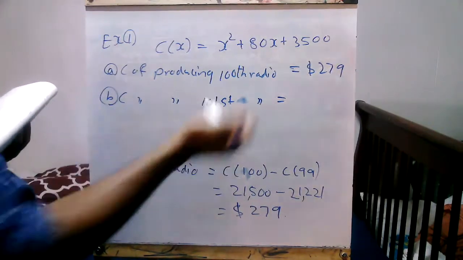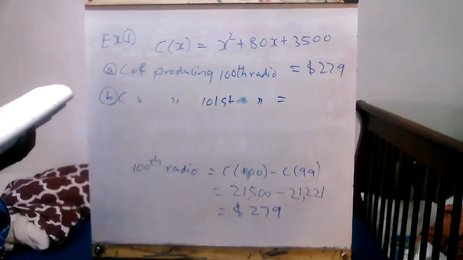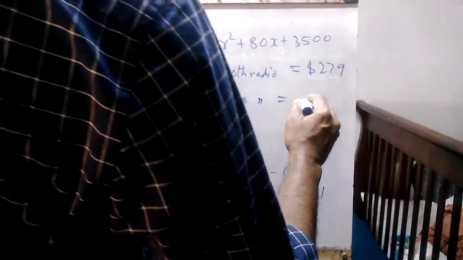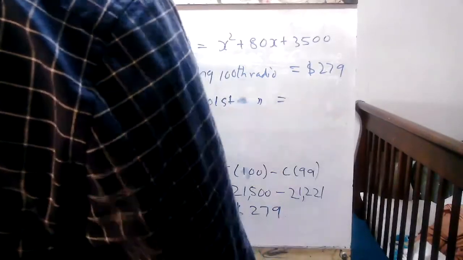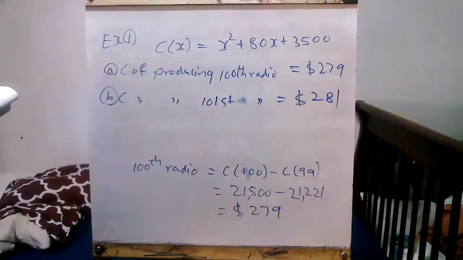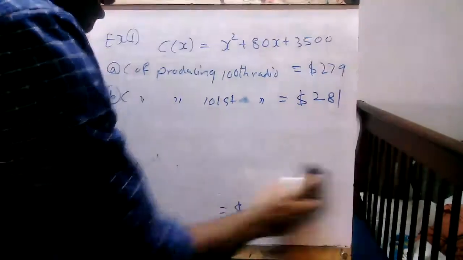Getting the difference, we can find the cost of producing the 101st radio is equal to, right. Okay, I wrote it on the top. I'm going to erase this.